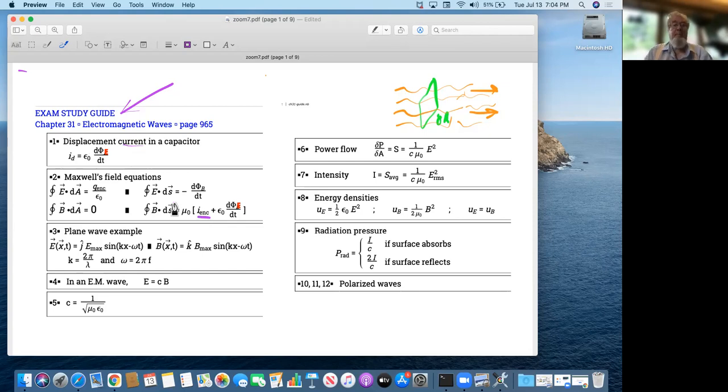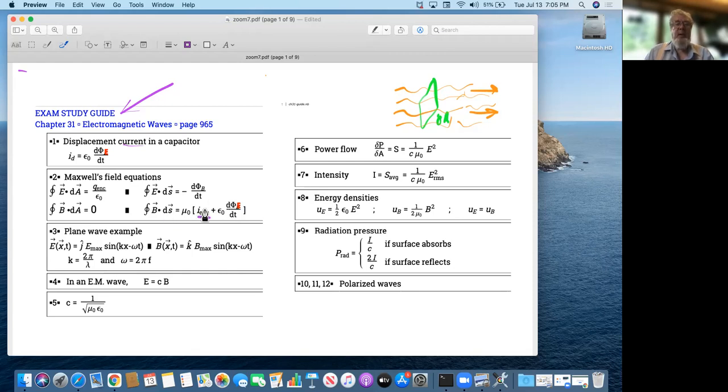So Ampere's law says that the circulation of the magnetic field around a closed loop is equal to mu zero, that's just the universal constant, times the current enclosed by the loop, plus, this part Ampere didn't know, but Maxwell determined it had to be included, the displacement current going through the surface bounded by the loop.